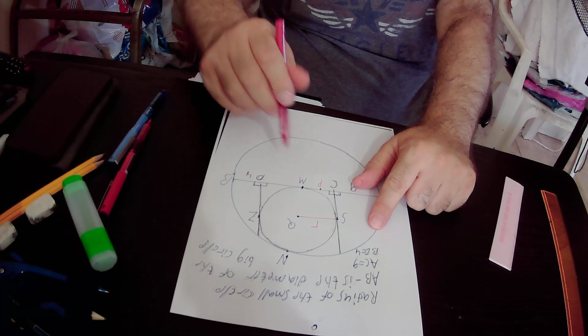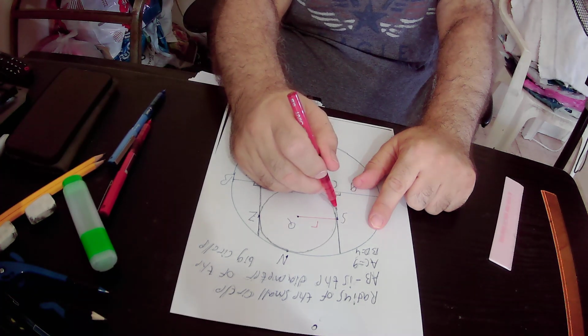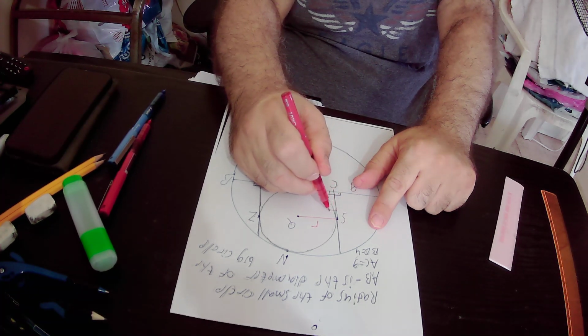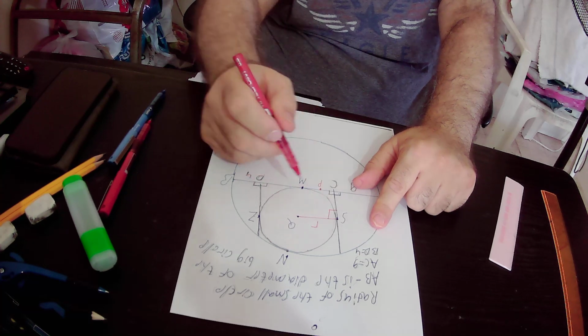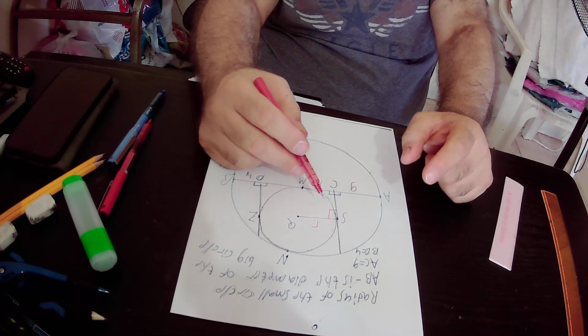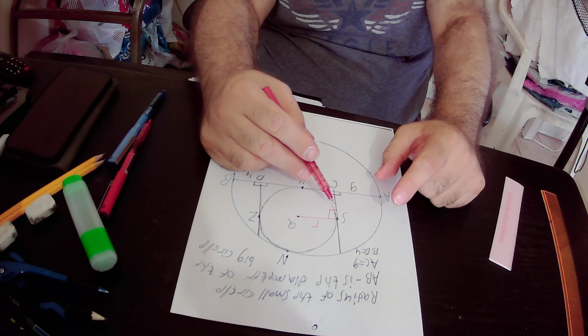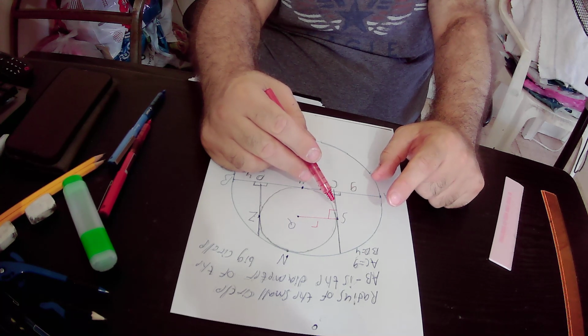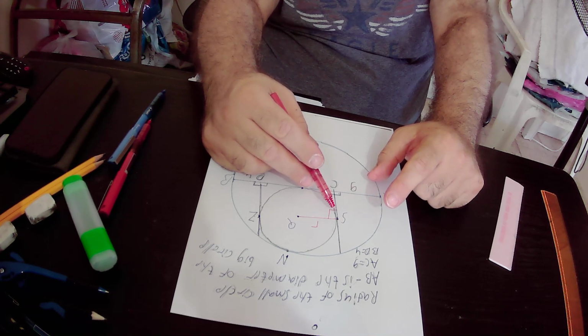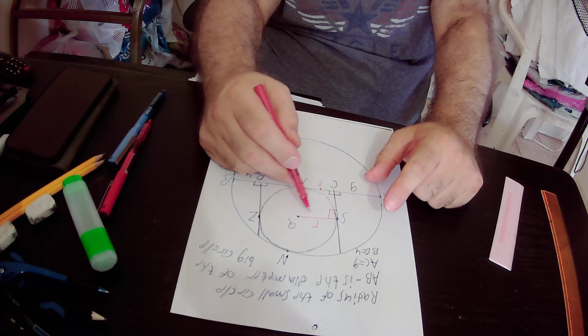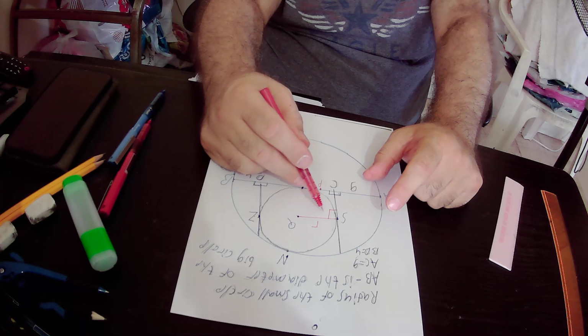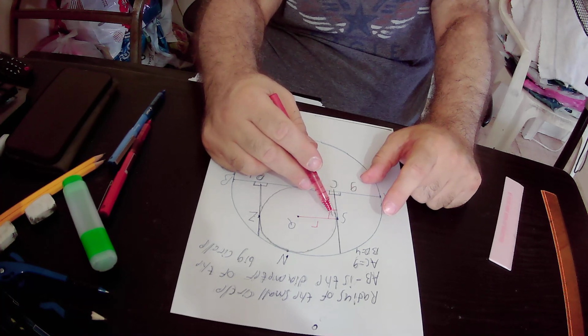Therefore, this is a right angle, because the tangent of this circle at point S is perpendicular to the radius that is drawn to the point of tangency.